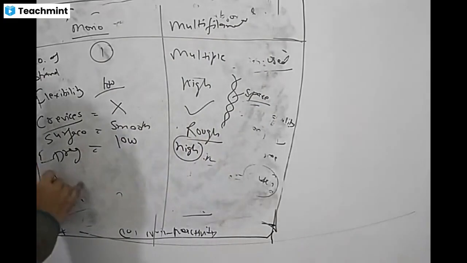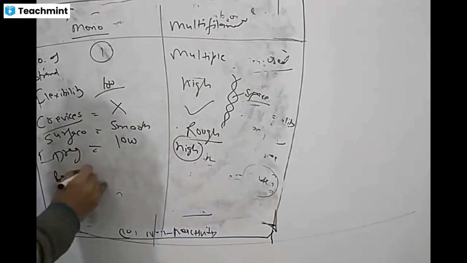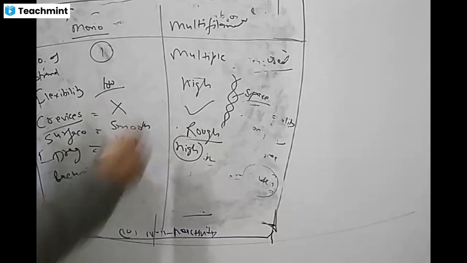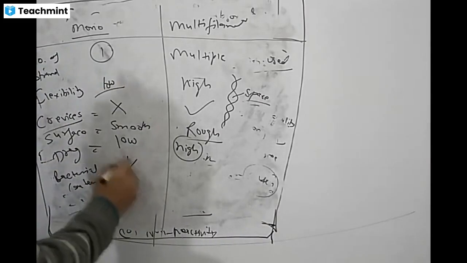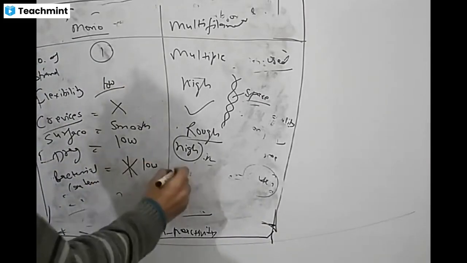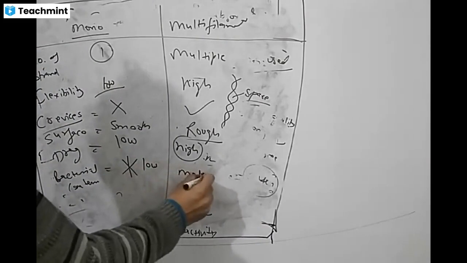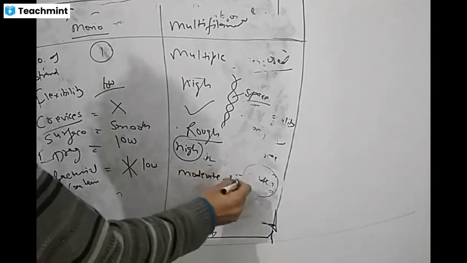Next is bacterial contamination. Because this is a smooth fiber with low capillary action, it may be absent or low, but in multifilament it is moderate to high.